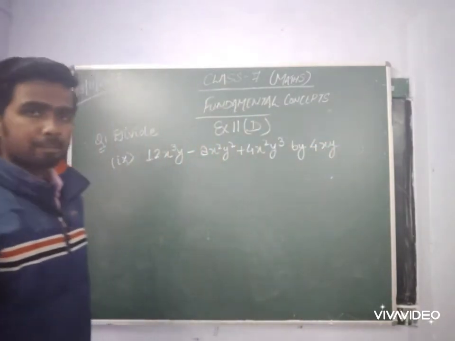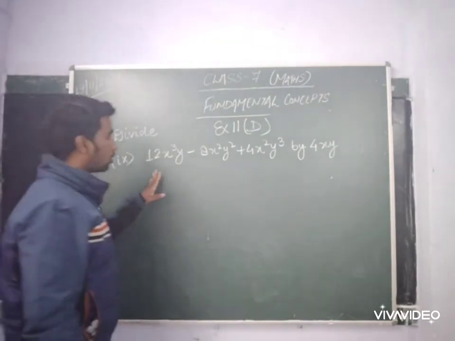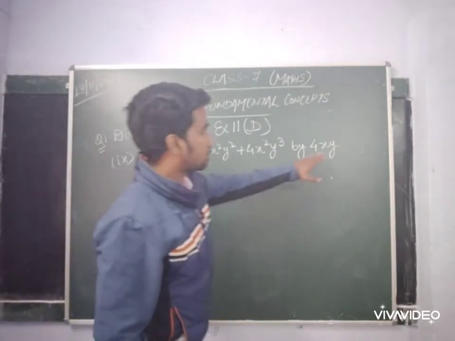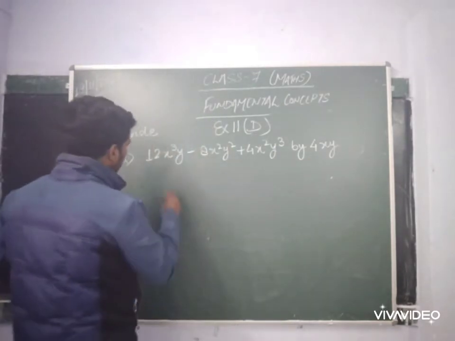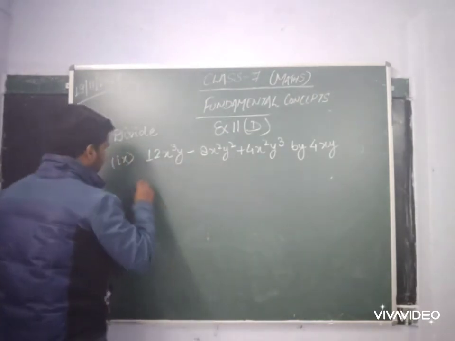Clear? See, this is the question, and now you are seeing that this is a polynomial expression and this is a monomial. So again we will separate each term and divide it with a monomial.